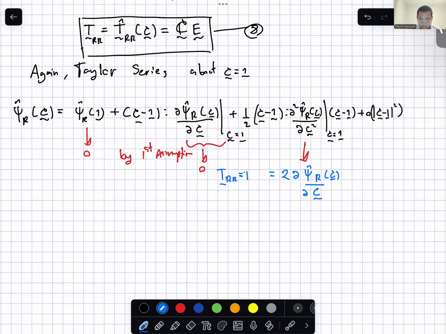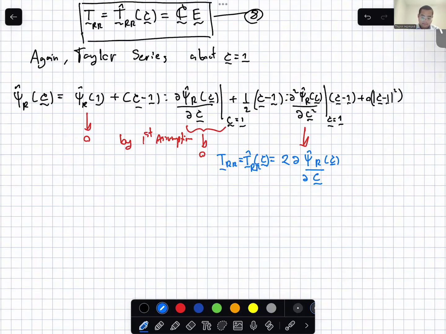T_R is a function of C, and I note that this is one from 6. From 7, we know that the elasticity tensor is 2 times the partial derivative of T_R of C with respect to C at C equal to 1.